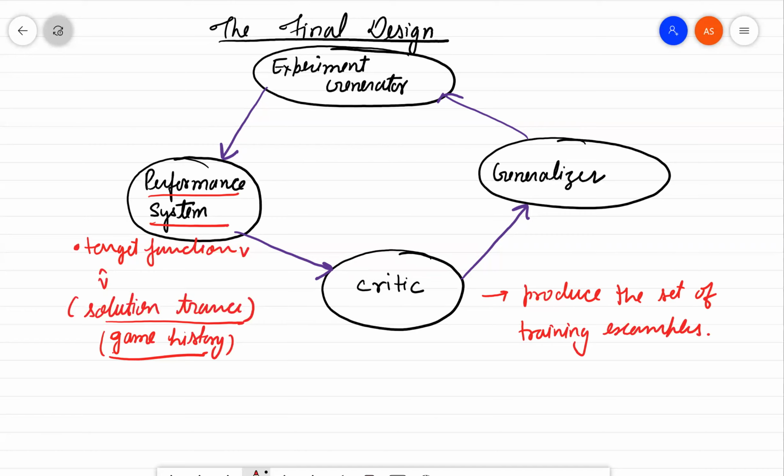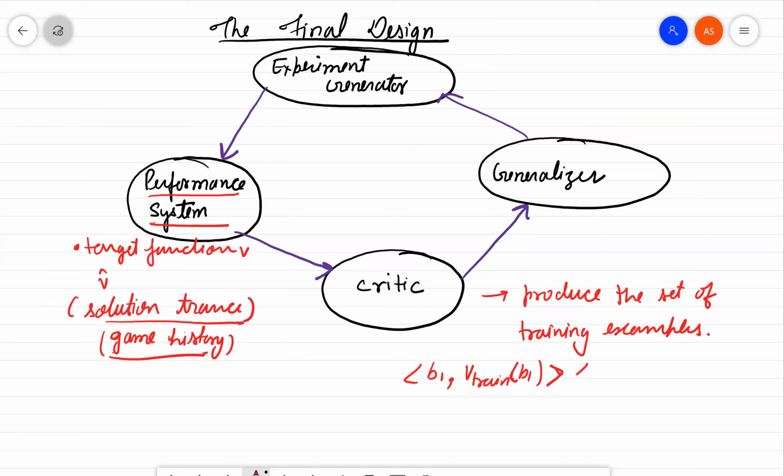How will it produce the training examples? In the checkers playing problem, we have discussed certain training examples. These are B1, V train of B1, an ordered pair of the form we already discussed in the previous lecture.